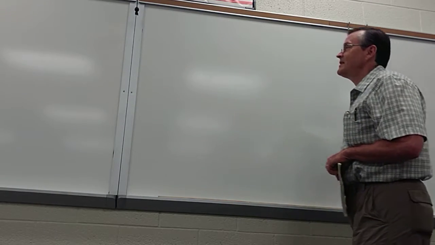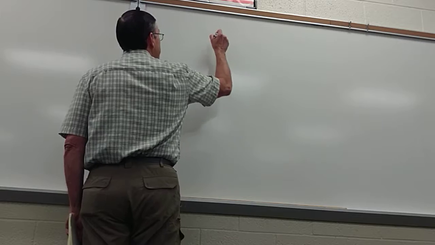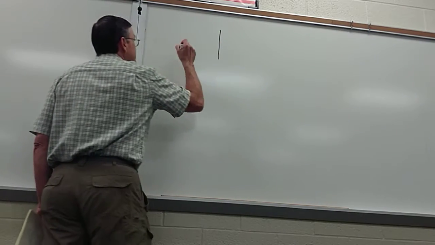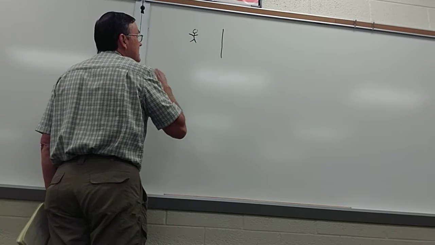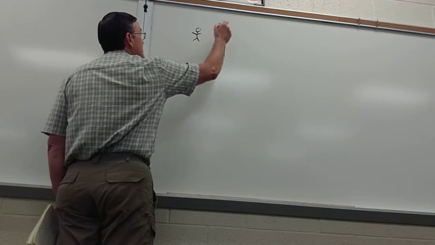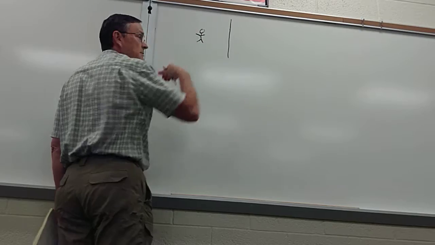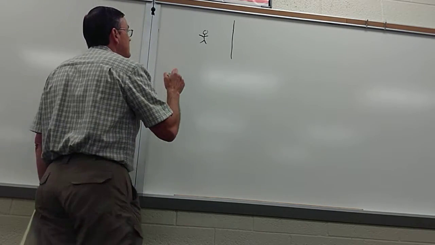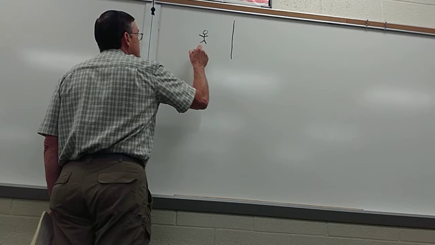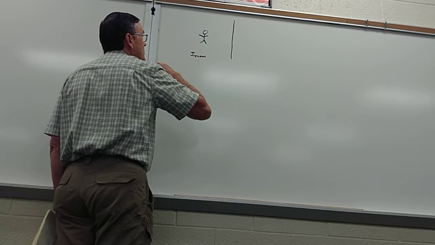Yeah, so let's see how that works. So here's your window, and this is the inside. So here's you, and here you have some ambient light, whatever the room lights are. So let's say the irradiance is I room.